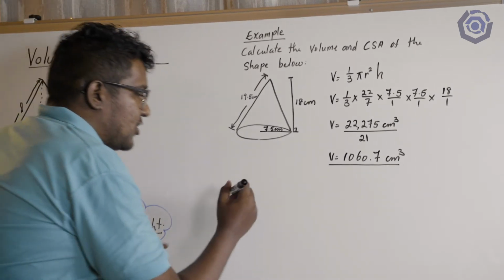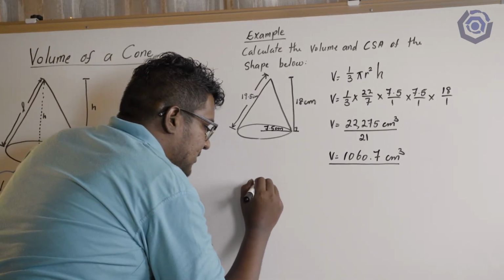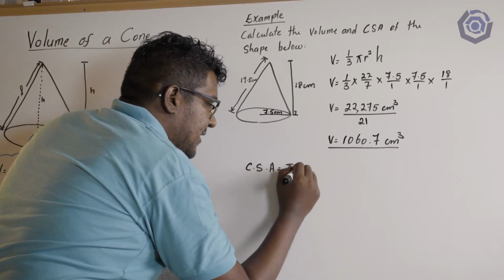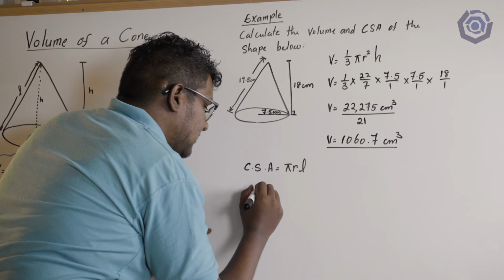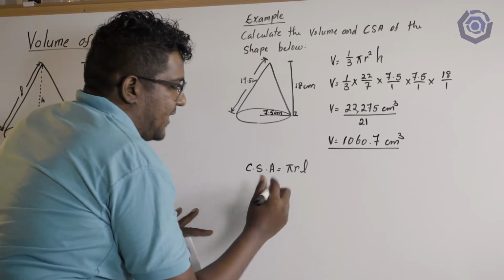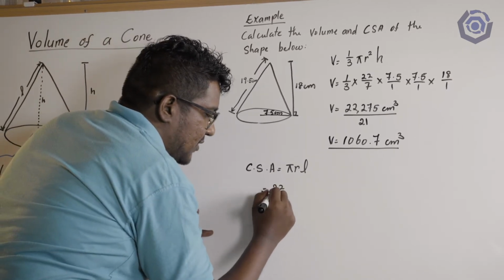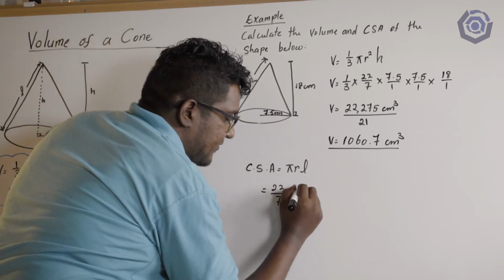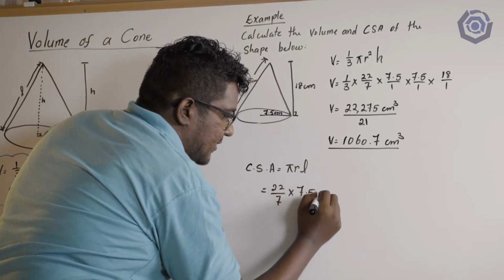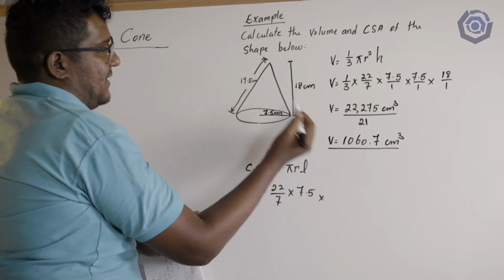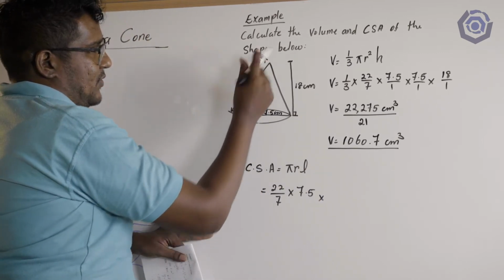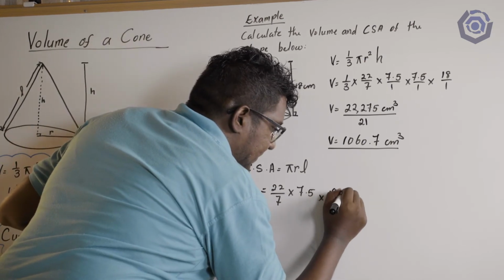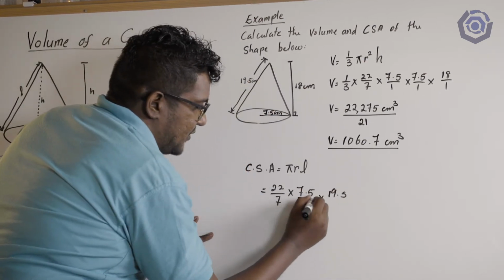Now let's go find the curved surface area. So the curved surface area is equal to pi r L. This is going to be pi, which we know is 22 over 7, multiplied by our radius, which is 7.5, multiplied by L, and this L would be our slant height. That would be the one out here, and that's going to be 19.5. Make them into fractions, we put them over 1.